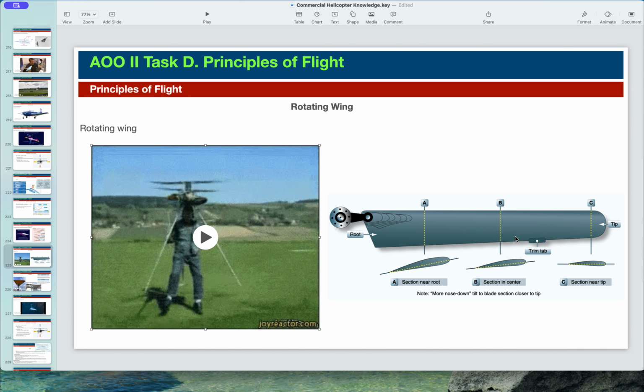We'll talk about all this in another lesson, but as the wing rotates through the air, each portion of the rotor blade is creating different levels of lift, more in some cases, less in others.